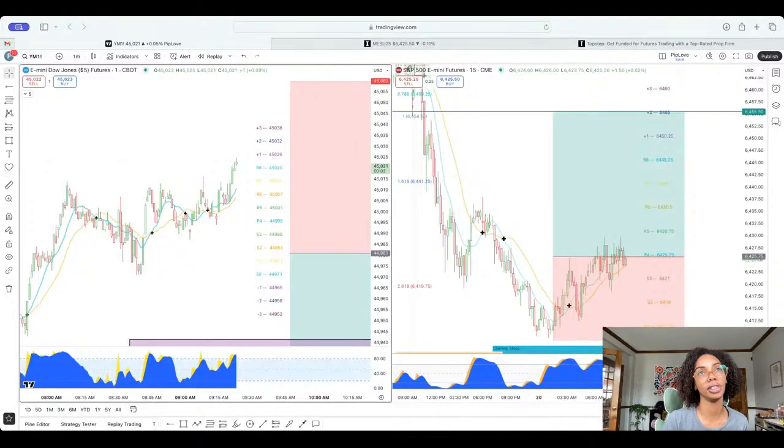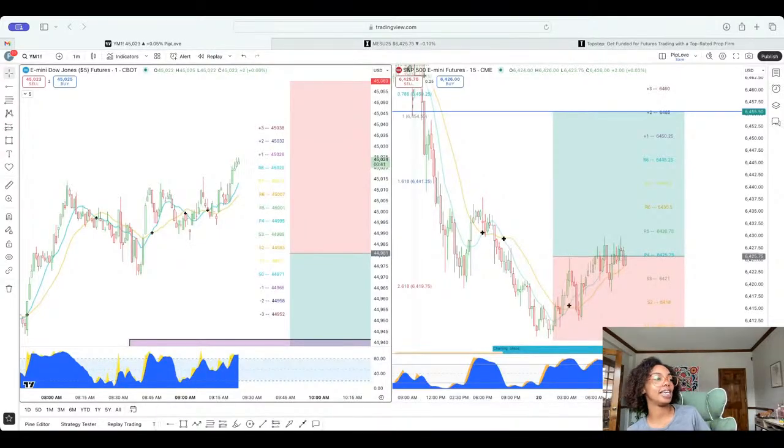We went over the rules with the consistency targets, how you would go about your payouts and what the rules are pertaining to that. What else did we go over? Then we just practiced our strategy. We took a look at ES, which is S&P 500 E-mini futures, and we also looked at the Dow using our 10/20 EMA cross in conjunction with our RSI and our pivotal zone indicators to help us identify potential entries and exits in the market.